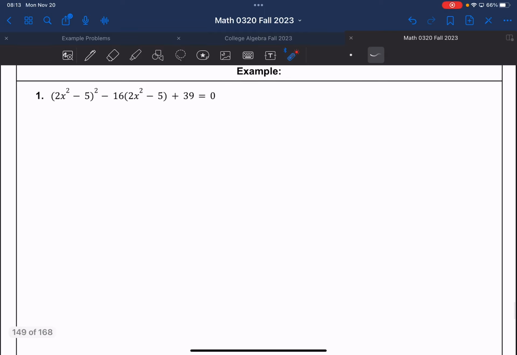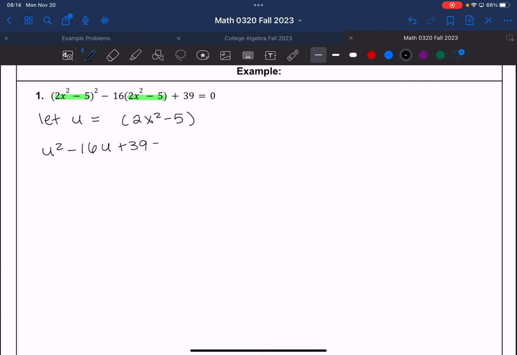Looking at the example that we had above, these values here are going to be our U values. So I'm going to say let U equal 2x squared minus 5. Anywhere I see that 2x squared minus 5, I'm plugging in a U. So now I have U squared minus 16U plus 39 equals 0.